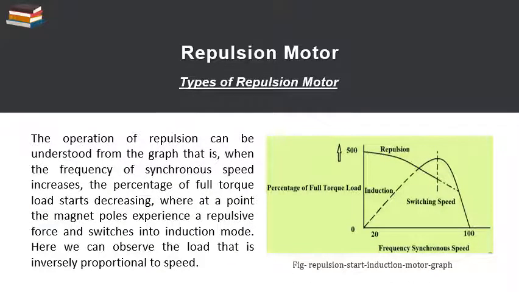The operation of repulsion can be understood from the graph. That is, when the frequency of synchronous speed is increased, the percentage of full load torque at start decreases, where at a point the magnet poles experience a repulsive force and switch into induction mode.